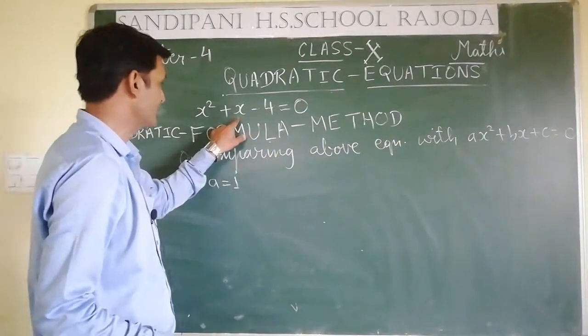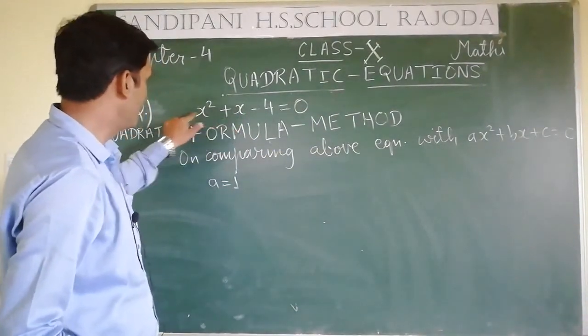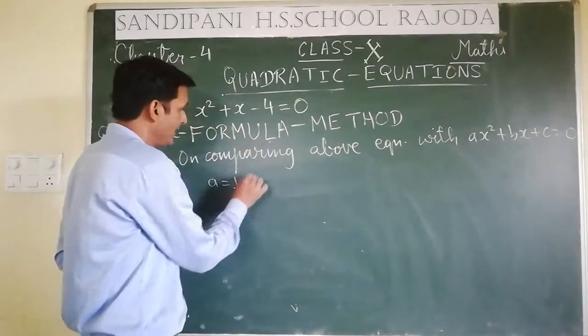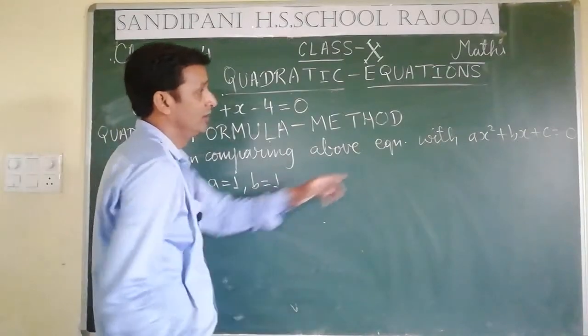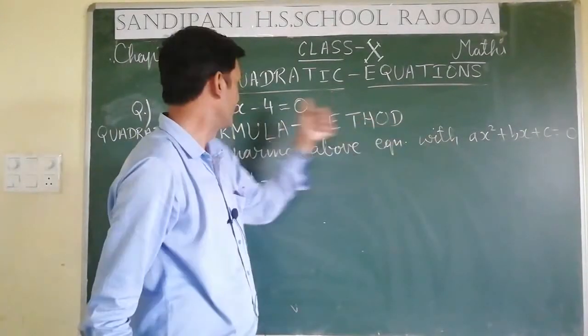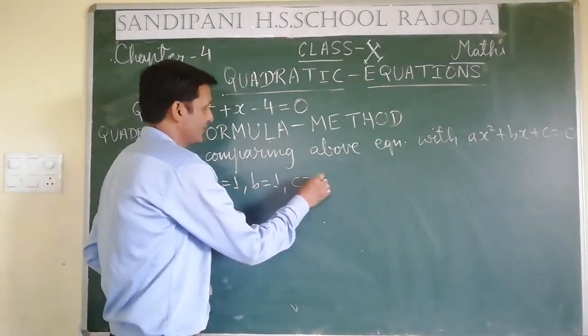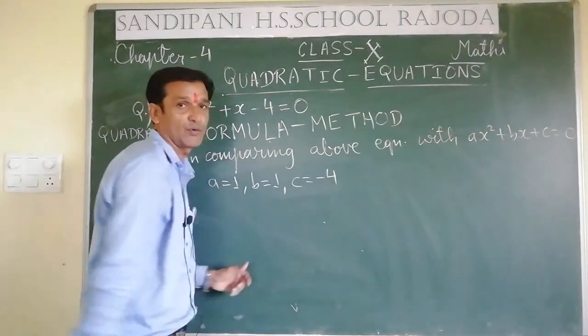The coefficient of x is again 1, because nothing is written means it is 1. So b is equal to 1, and the constant value c is equal to minus 4. So a is equal to 1, b is equal to 1 and c is equal to minus 4.